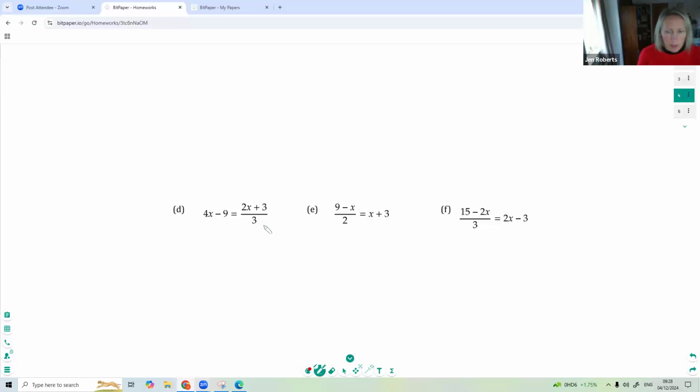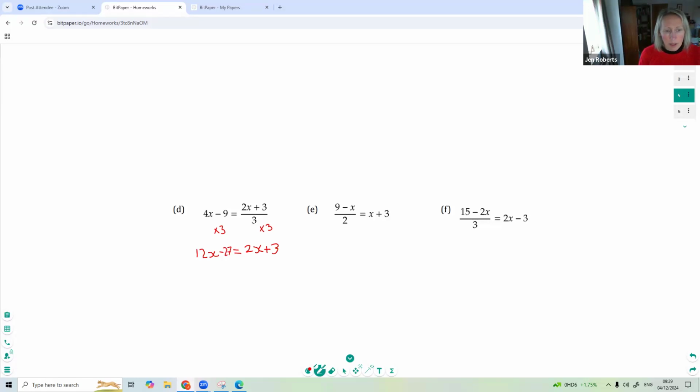Okay, so hopefully for this one you decided to times both sides by 3 first. It's on the other side, but if I times this by 3, you're just left with 2x plus 3, aren't you? It just eliminates that 3, reverses it. If I times all of this side by 3, you get 12x minus 27.